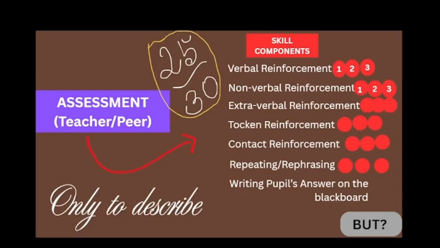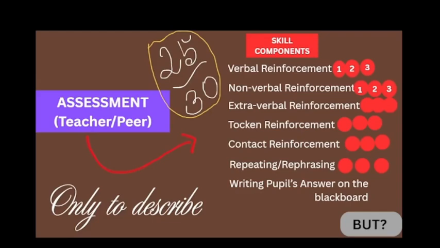And all these components we have listed here, and this list is not an exhaustive one. You may add so many other components when you come across some of those. And these components are used only to give a tick mark in the checklist or to rate in a rating scale to know whether the students are using these components while practicing their micro-teaching activity.